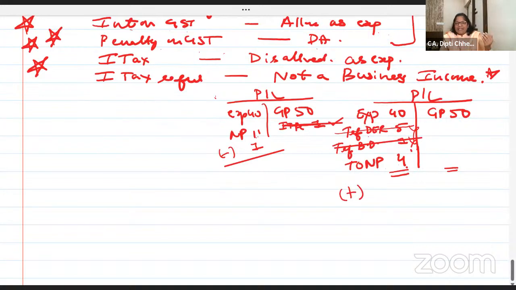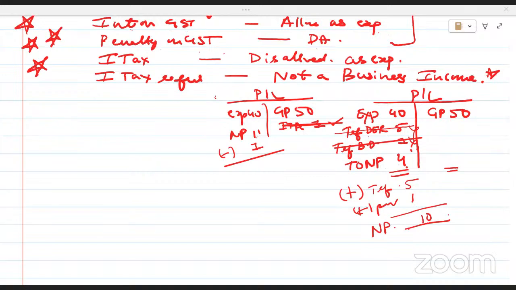It will increase. So if there is a transfer, add. If there is a provision, add. And now your correct net profit, which you have to show as per income tax after the add and less, is 10 rupees. Is it clear with the example? Yes, ma'am. Thank you, ma'am.